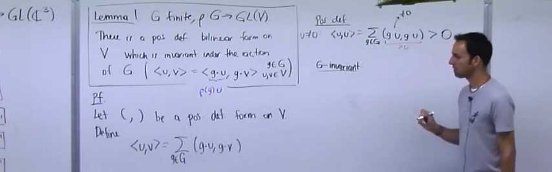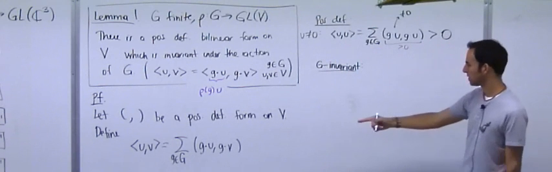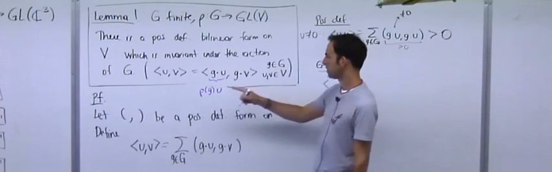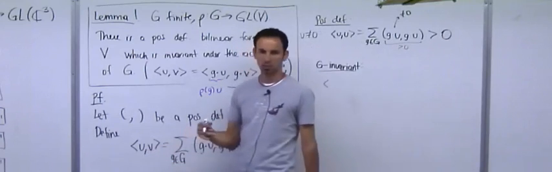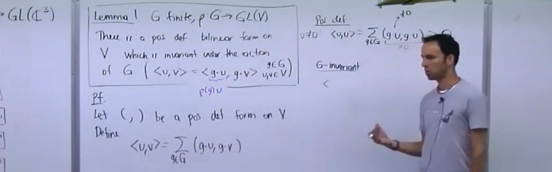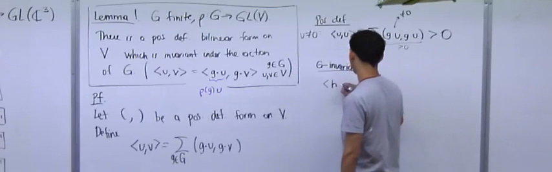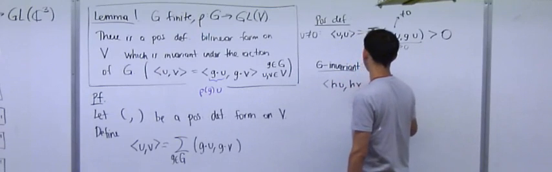The key thing is G invariant, and this is very cute because what I have to do now is prove that U and V have the same product as a group element times U, comma, a group element times V. So let's take some group element H, and let's compute HU, comma, HV. Okay?